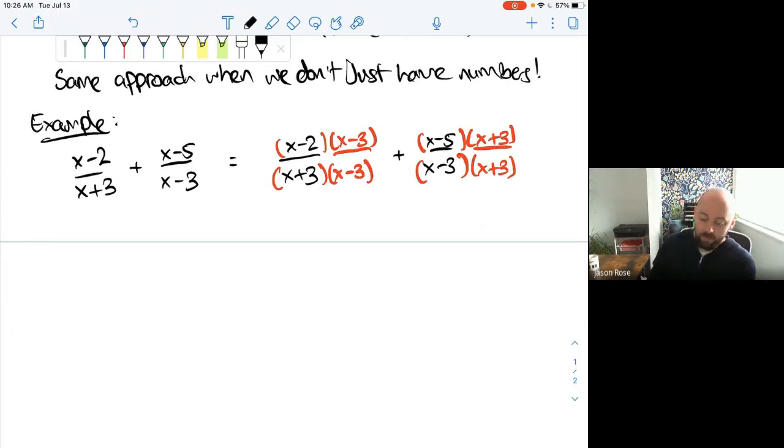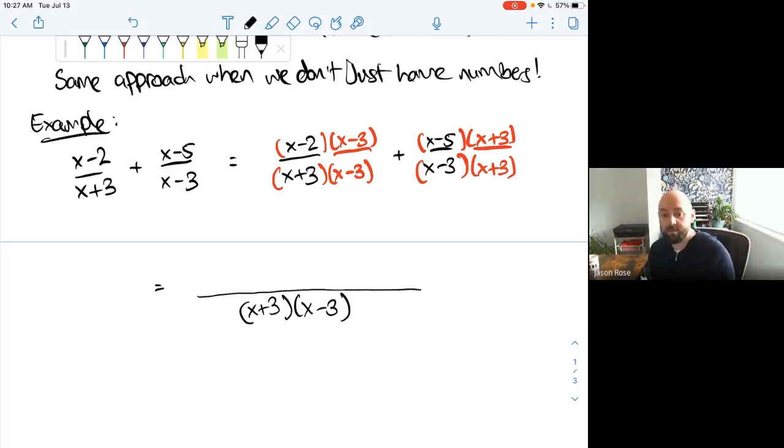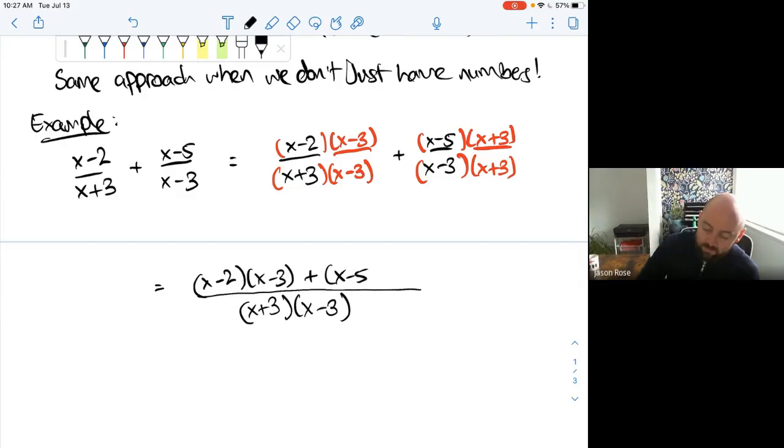So now that they have the same denominator, we can add the numerators and put them over that same denominator, x plus 3 times x minus 3. So what's in the numerator? We have x minus 2 times x minus 3 plus x minus 5 times x plus 3.